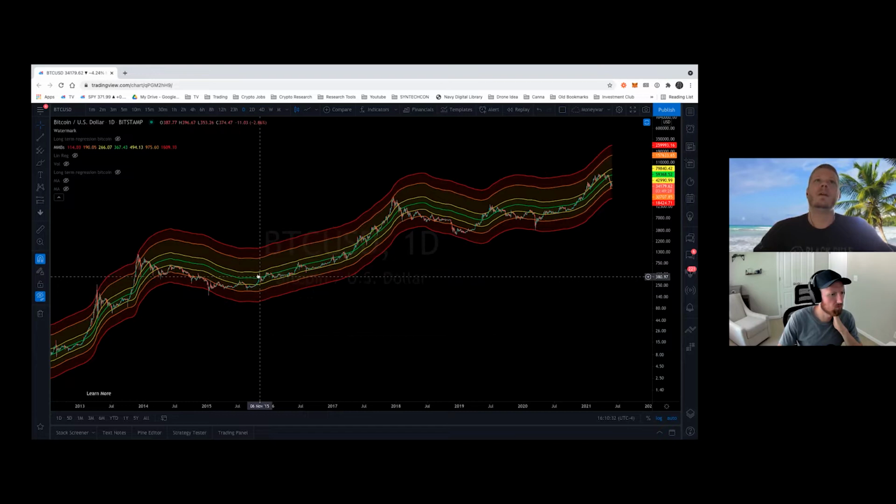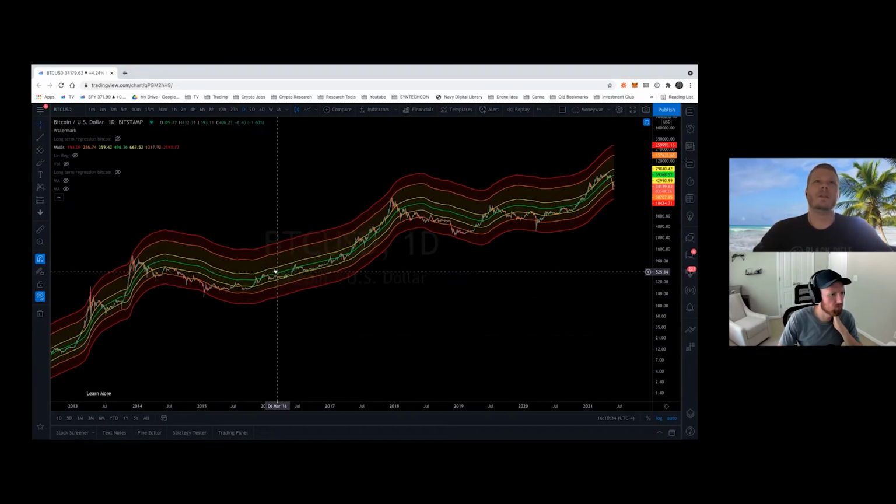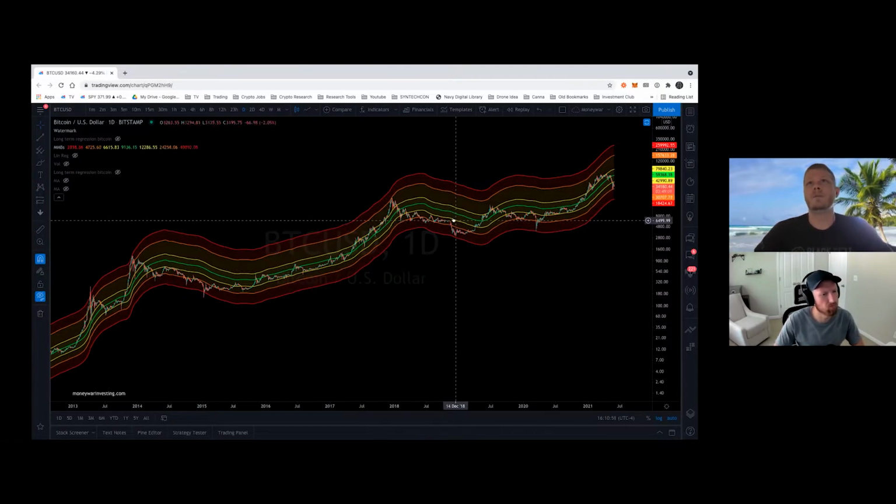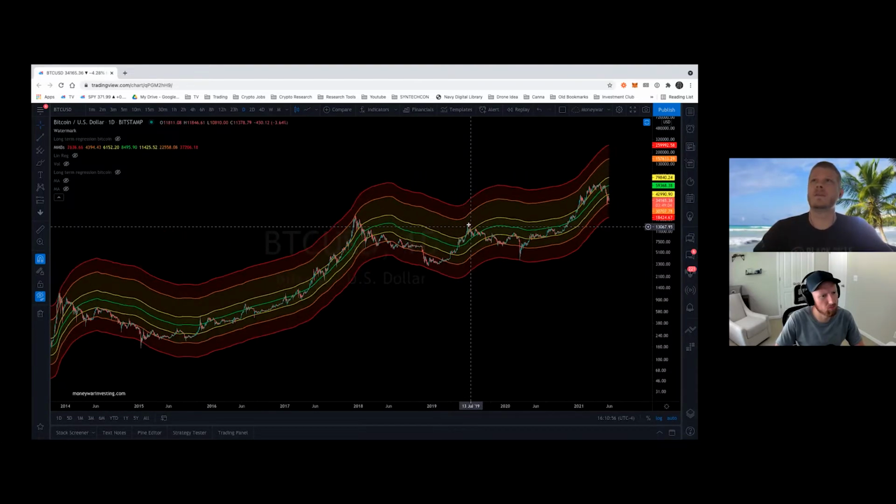Anything below, I think it's 1.45, or I don't know, my number might not be correct, but essentially the center line, which is the mean, anything below that is kind of oversold. And then you have your 1, 2, and 3 standard deviations from that. They're not exactly 1, 2, and 3.